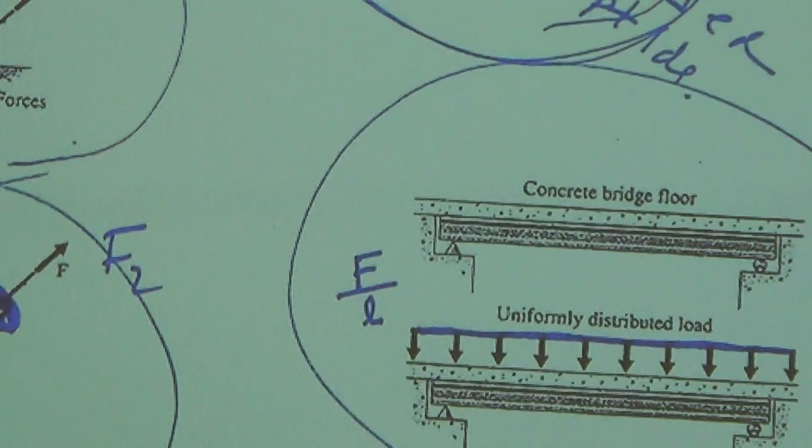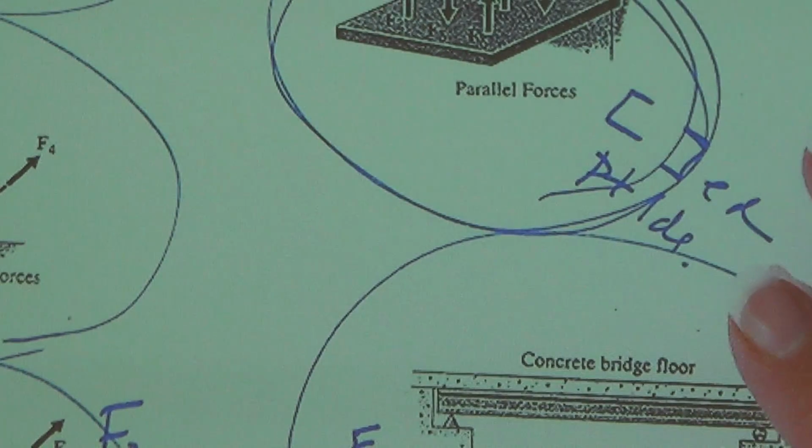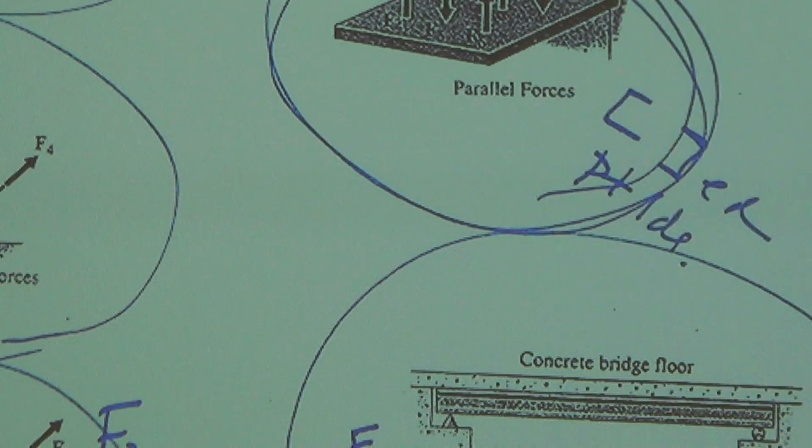So if we're taking most of the things that we do in this class and making them two-dimensional, then most of them are going to be coplanar forces? On the ones we make 2D, but so far we have done 2D and 3D problems, right?